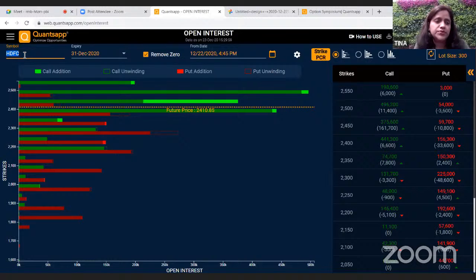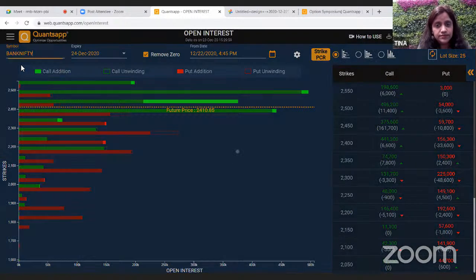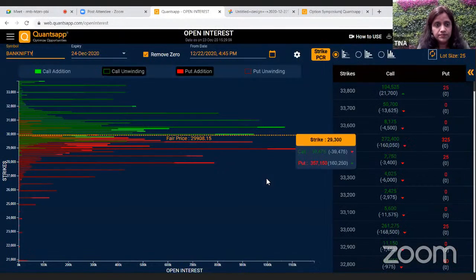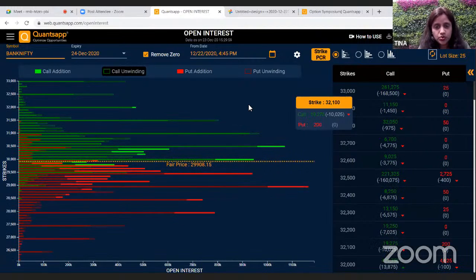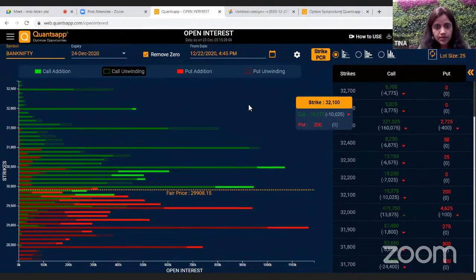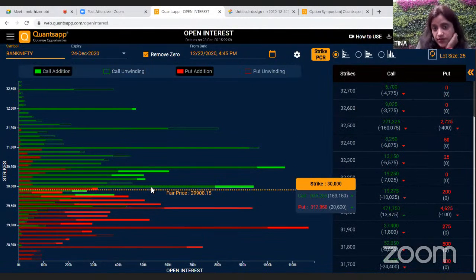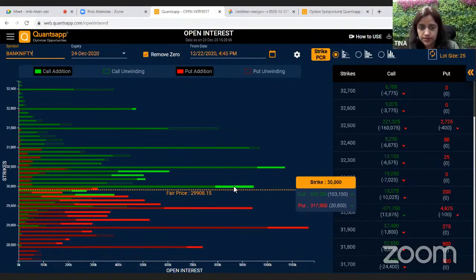So if I look at, say, Bank Nifty, I can scroll it. You have the 30,000 call, which is now increasing. The addition was nearly around 15-20% only.